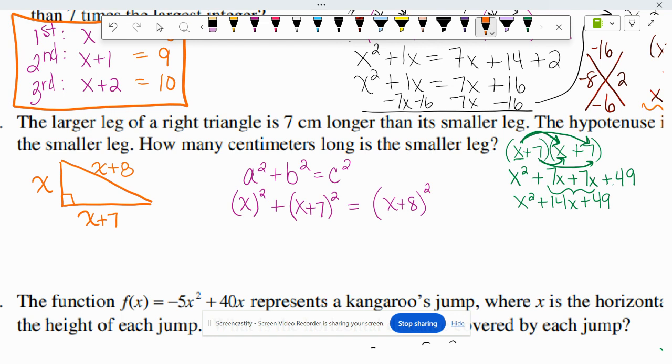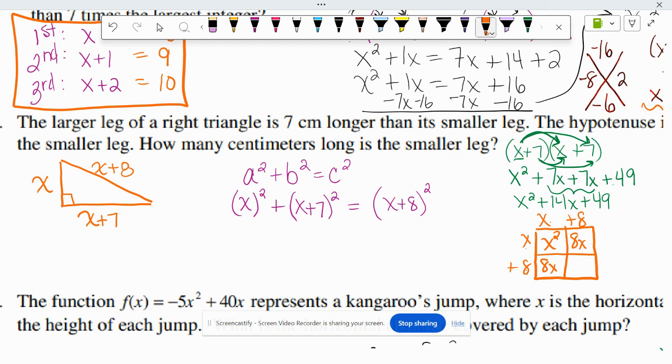So for the x plus 8, the quantity squared, I'm going to draw a box just to remind you guys that you do know how to do this. So I have x and positive 8, x and positive 8. So this is the area model, right? X times x is x squared. X times 8 is 8x. 8 times x is 8x.